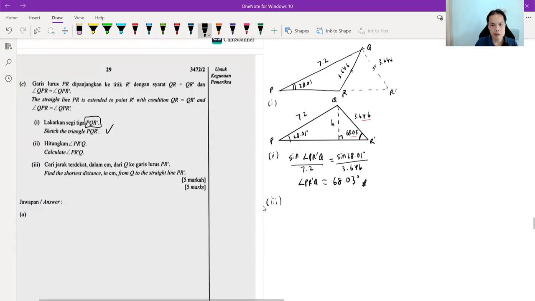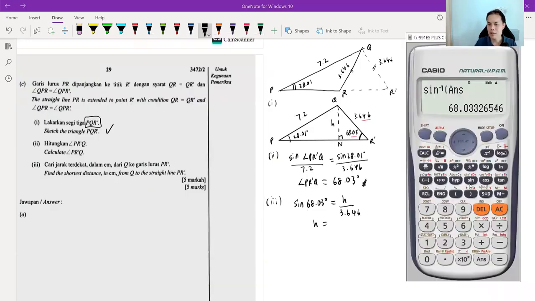You can use any other symbol. You can call this N if you like, and call the perpendicular distance QN. Here I'm just going to call it h. So I'm going to use sine: angle 68.03, the opposite is h, or you can call it QN, divided by the hypotenuse 3.646. Okay, use your calculator, multiply over.